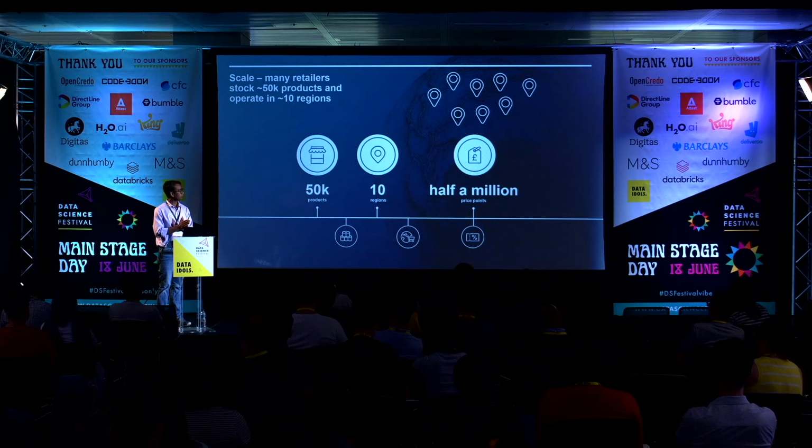Which means that they need to think about setting 500,000 price points every week. And not just that, they need to think about tens of thousands of constraints, similar to what we talked about before, while setting the price. And they also need to think about thousands of promotions that are already planned.